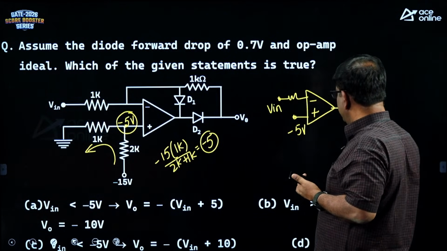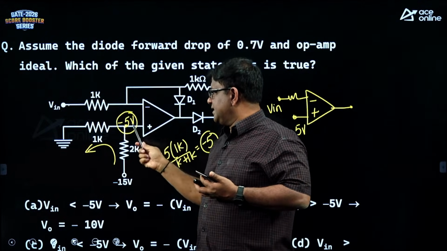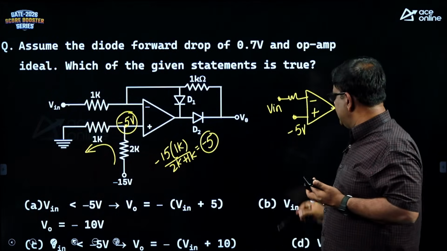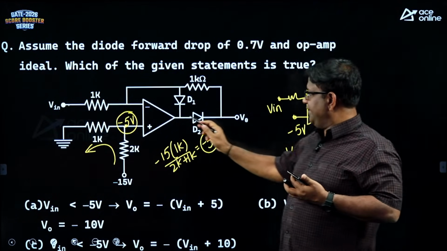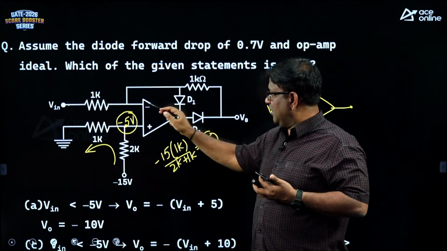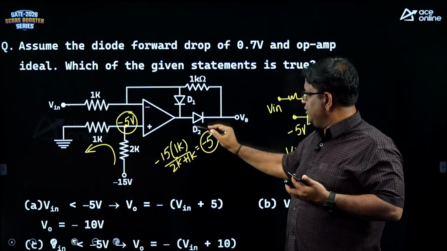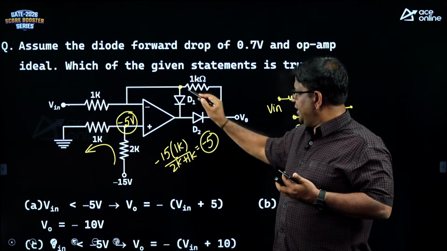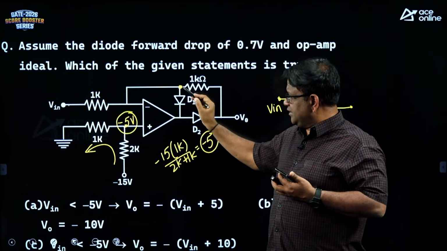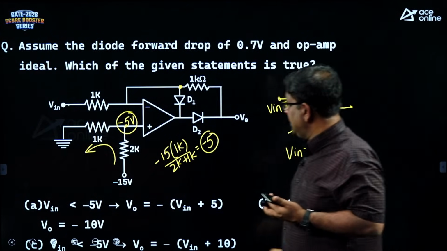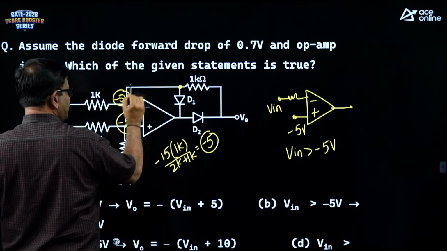What happens when the inverting voltage is greater than the non-inverting? When Vin is greater than minus 5, the output is negative. When the output is negative, this diode is on and the other diode is off. Then this node voltage will be manifested here, because the diode is off when this is negative. If this is minus 5, this will be minus 5 because of virtual short.